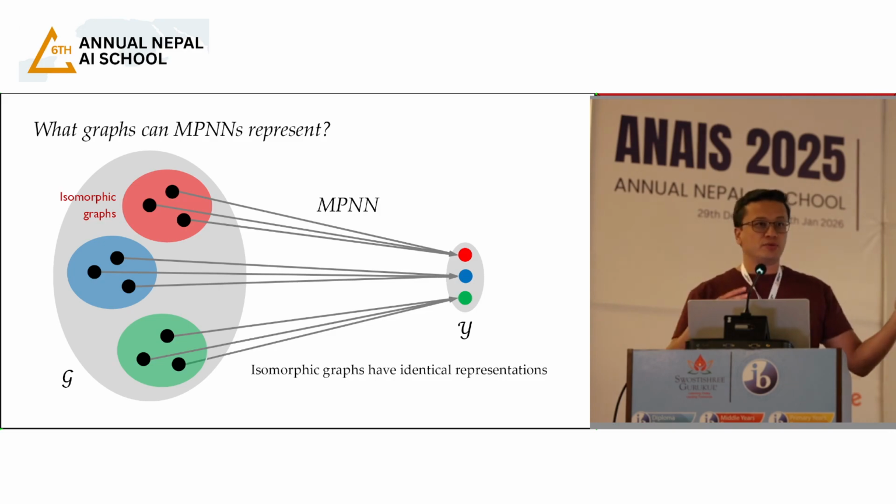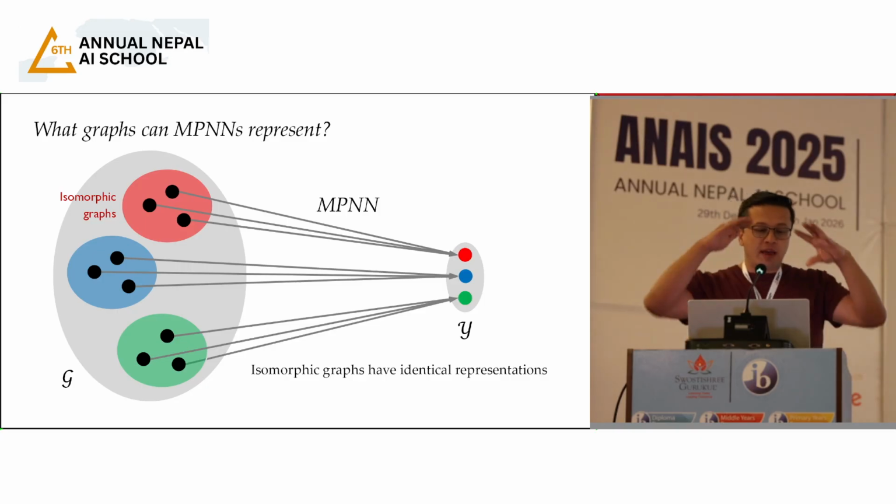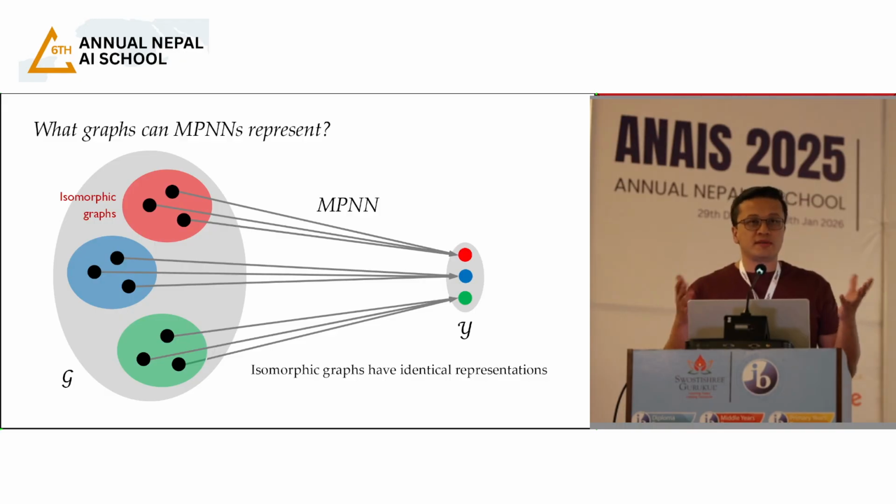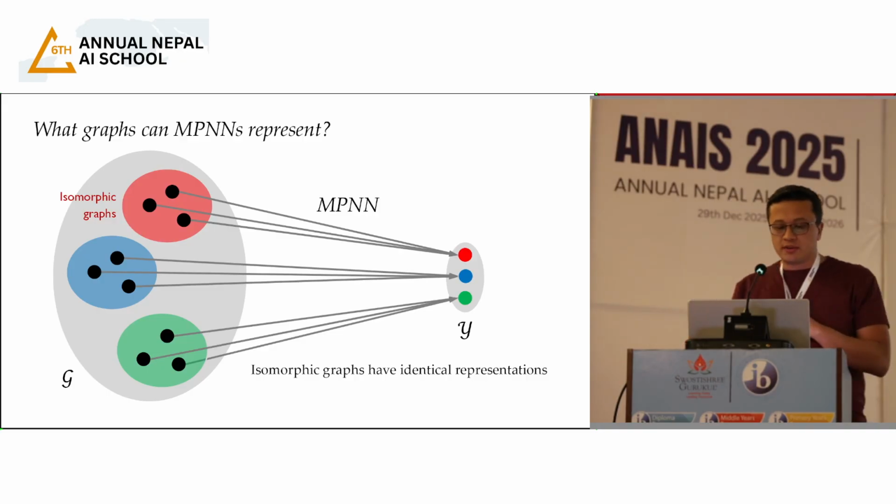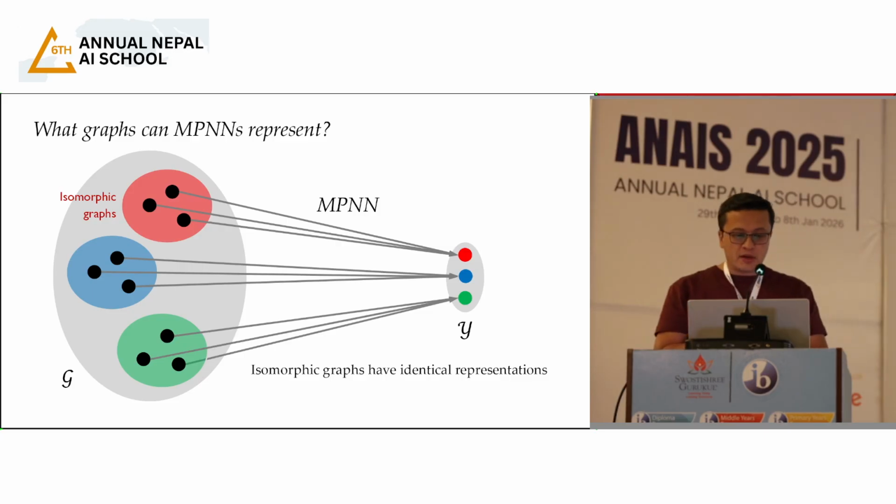So if I pass it through a graph neural network, a message passing neural network, everything in the, say, red category, which represents all the isomorphic graphs, 3 isomorphic graphs, must be mapped to the same representation. Because they are the same objects, the representation that I produce must be the same. This is the invariance. And the same for the blue category, right? So I'm reducing them to the right representations, basically.